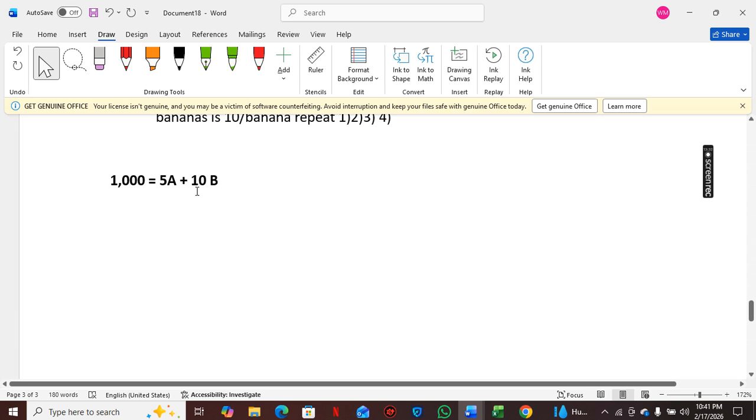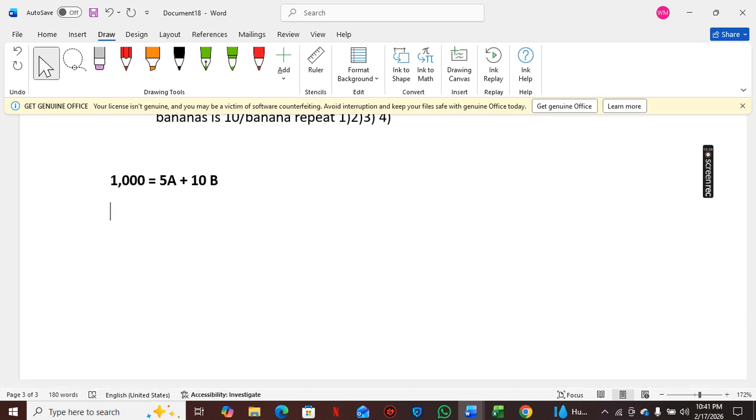So now, if we only had to buy apples, how many apples can we buy? You say income over price of apples. You're only buying apples, so 1000 divided by 5. This is 200 apples.